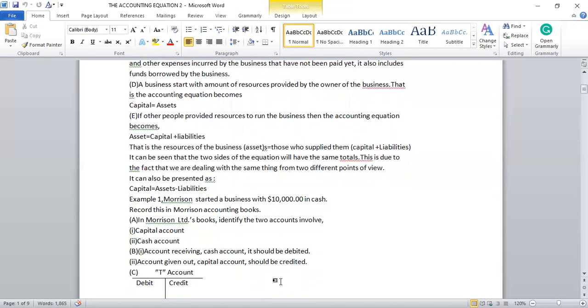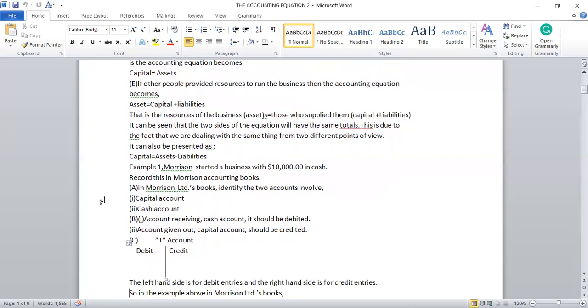Then the third step is that you draw your T account. That is C. You draw your T account. The left-hand side is for debit entries and the right-hand side is for credit entries.